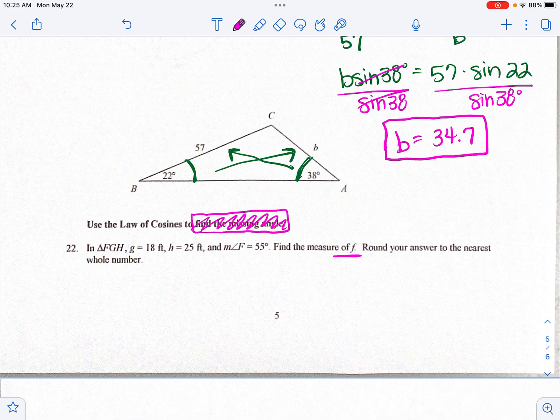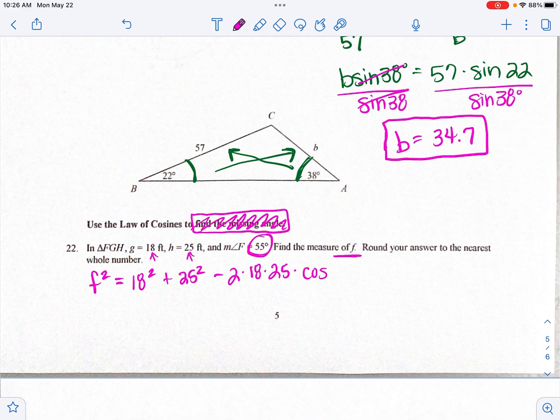The law of cosines was the one that kind of looked like the Pythagorean theorem, if you recall. So I am looking for f, so we are going to start off with f squared equals. The other two sides, g and h, are 18 and 25. Remember, it doesn't matter the order that you use them as long as you're using both of them. Again, refer to your formula, please. It'll be 18 squared plus 25 squared minus 2 times 18 times 25 times the cosine of the angle that is across from the side that I'm looking for.